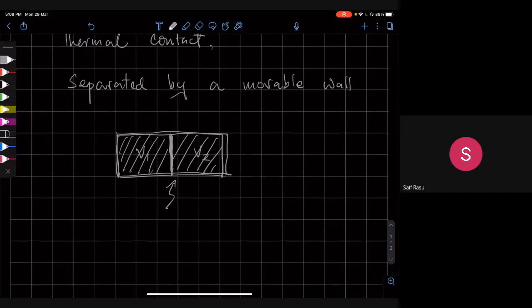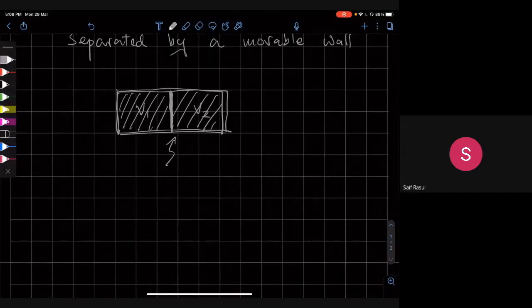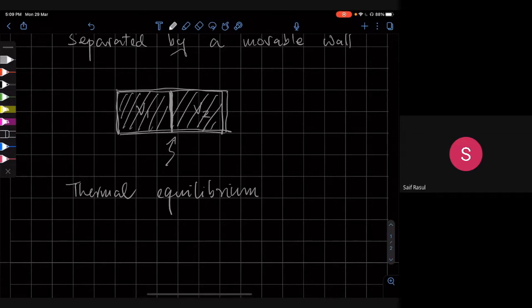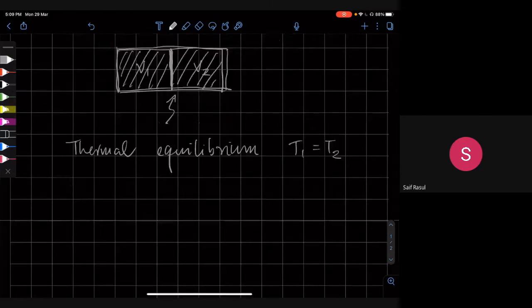So as before, if I do the same calculation again, which I'm not going to do, but I'm going to leave it as an exercise for you, we shall find that we get the thermal equilibrium condition as before, where T1 will be equal to T2, but there will also be mechanical equilibrium, which will be P1 is equal to P2.